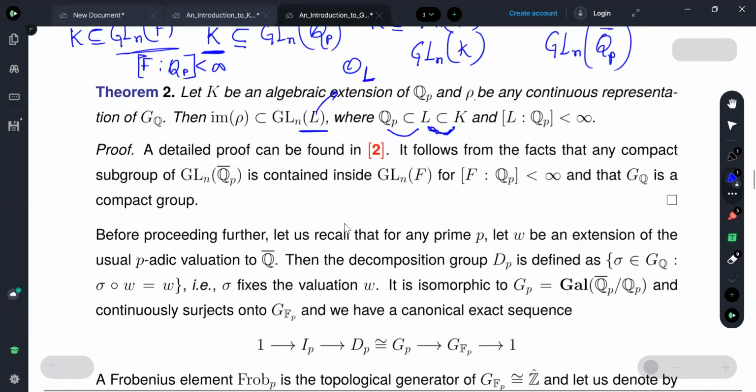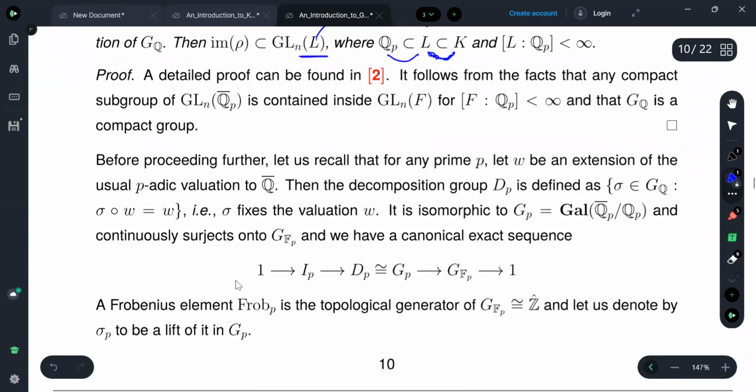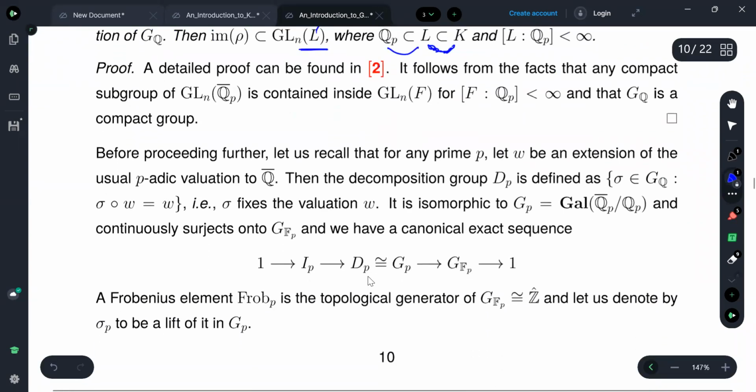So we just recall some notations here. We know that the decomposition group surjects onto the absolute Galois group of this finite field, which is also isomorphic to Z hat. Z hat is nothing but the inverse limit of all the cyclic groups.